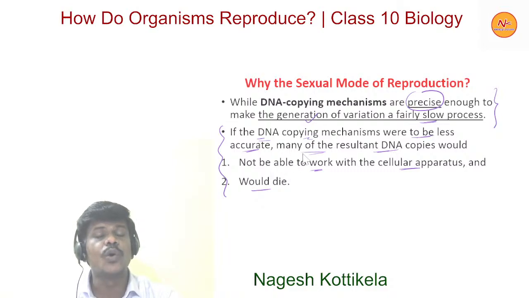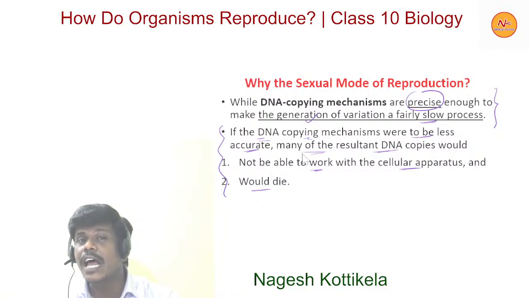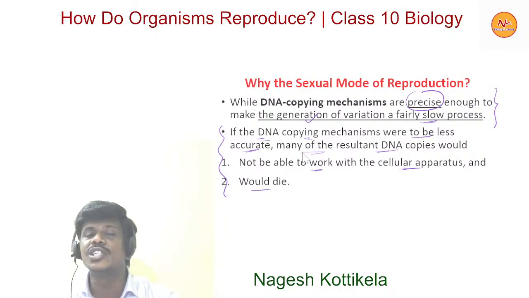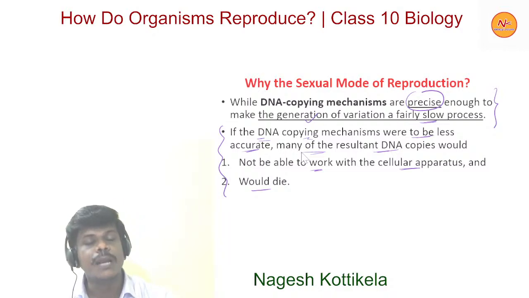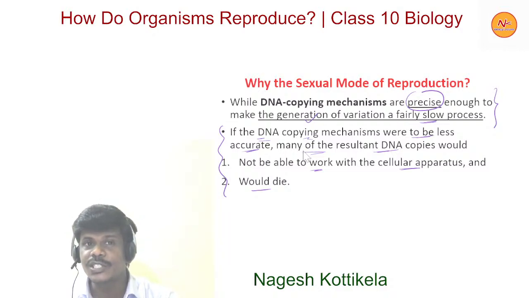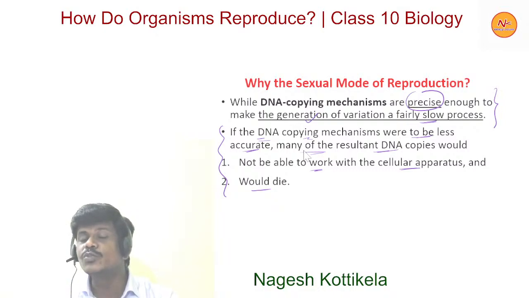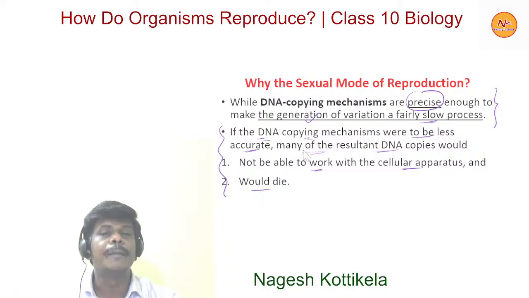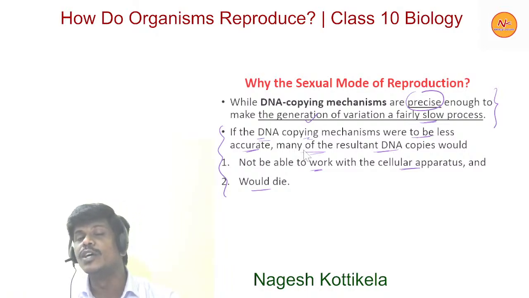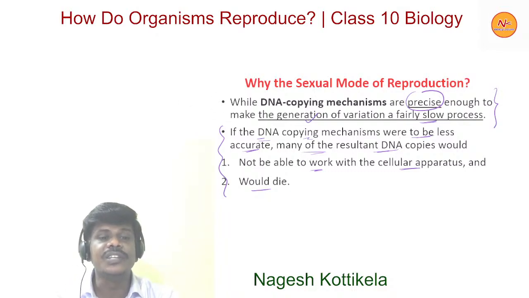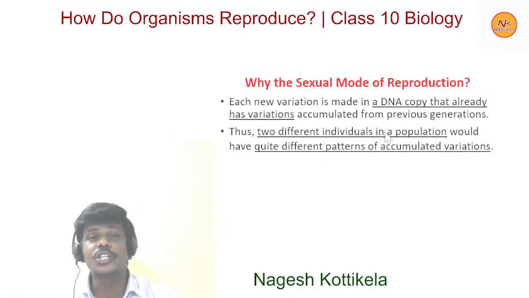If there are abnormal variations, they are harmful and the cells will die. But if there are useful variations, in the long run that helps in the survival of species in changing environmental conditions, and it also plays a very important role as the basis for evolution of new organisms in a particular area. This is the importance of variations created during the reproduction process.